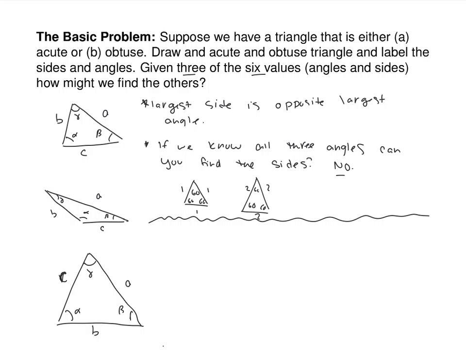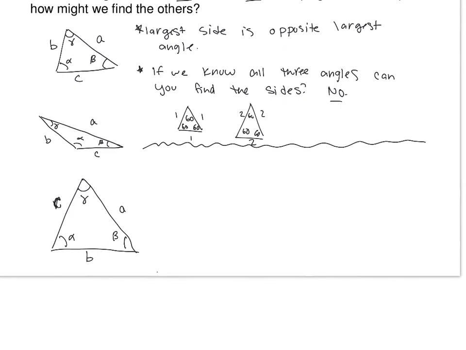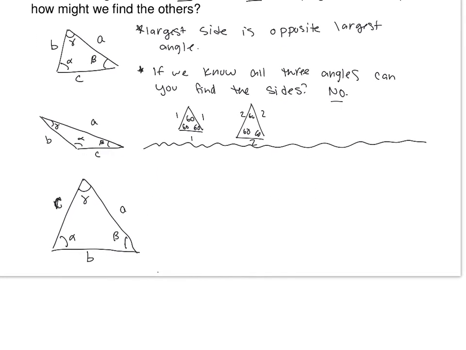I want to show you why it's true, because the reason is actually just basic triangle trigonometry. You start by taking this angle gamma, and you drop a perpendicular. In other words, this would be the height of your triangle. So this is now a right angle. Does it make sense that you can do that?